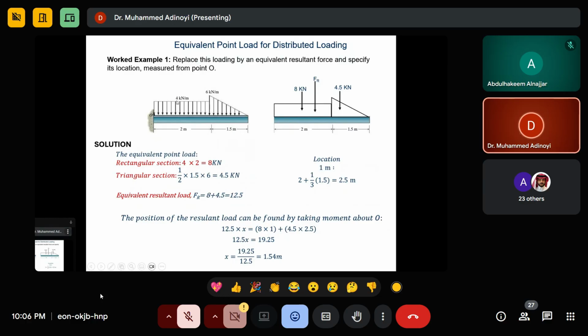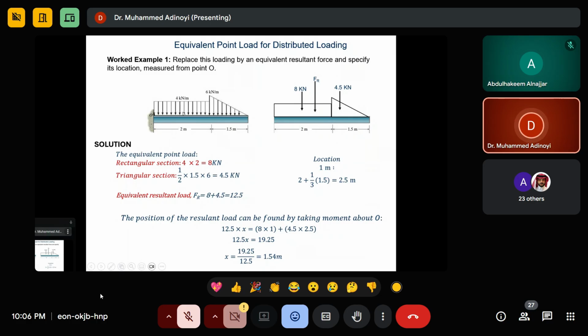So it is like the application of the method of determining the centroid by breaking it into basic shapes. If I break this into basic shapes, I'm going to have a rectangle and a triangle. Then to find the point load, it is only going to be the area of the shape it formed.